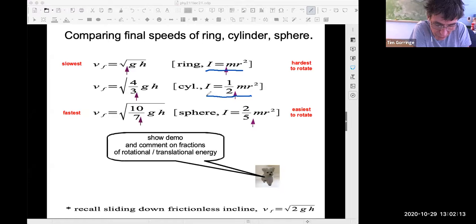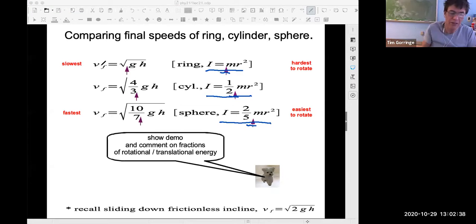Like when we did the cylinder, we filled in the cylinder's moment of inertia. When we did the sphere, we filled in the sphere's moment of inertia. Because of the different geometrical factors in the equations for the moments of inertia, the 1, 1/2, and 2/5, we get different geometrical factors in these equations for the speed.